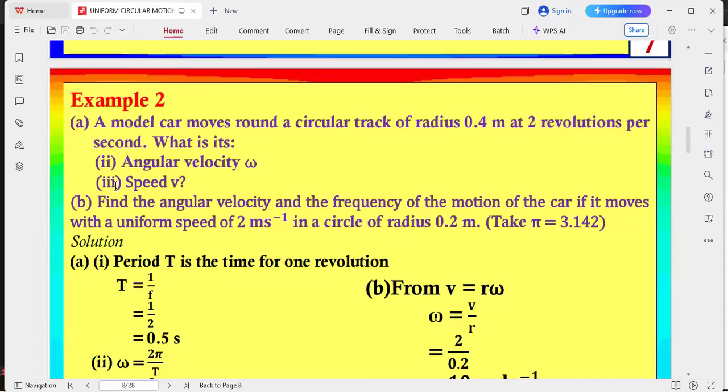Therefore, my omega 12.57 equals v, which I don't have, divided by radius 0.4. So v is 0.4 times 12.57. So 0.4 times 12.57 gives us 5.028 meters per second. So that is the speed v.